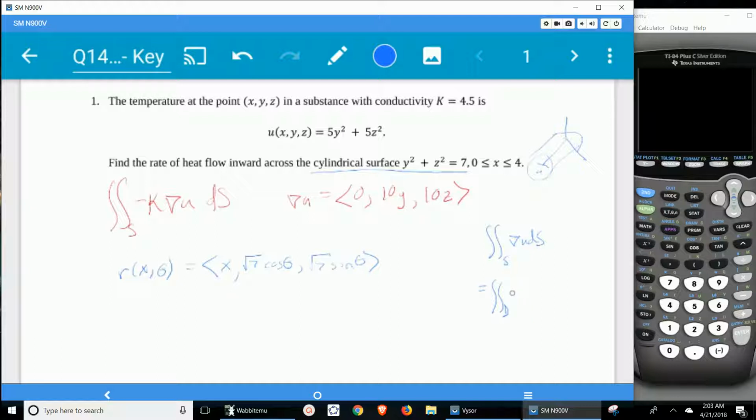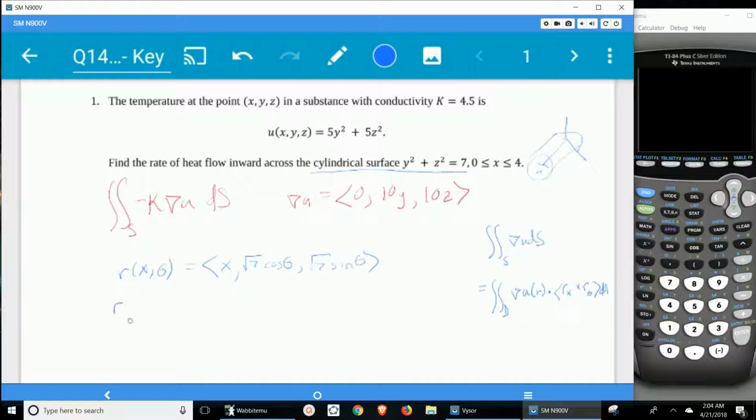What you do is you take the gradient of U of your R, plugging this into your gradient of U. Then you dot product that with the cross product of your partial derivatives, with respect to x and with respect to theta, over the area of this domain.